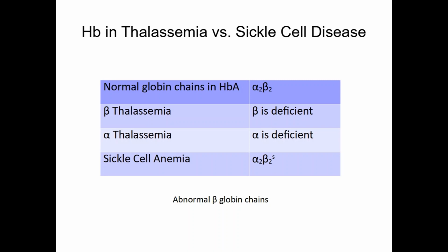In sickle cell anemia, although alpha and beta chains are there, the beta chain which is present is abnormal, so that is denoted by superscript S. So alpha 2 and beta S 2, two alpha chains and two beta S chains. That is the composition of HbS, or sickle cell hemoglobin.